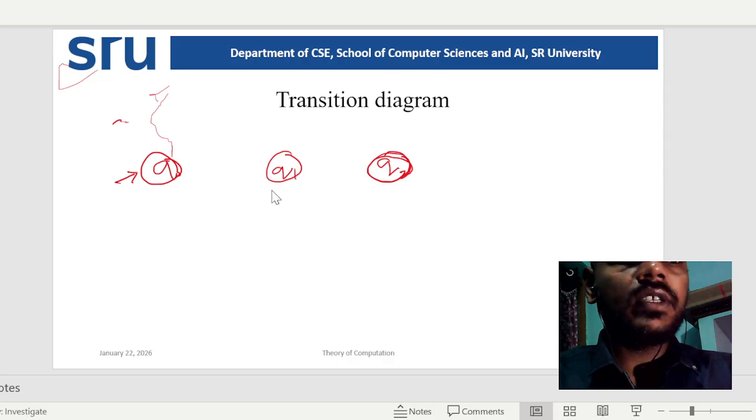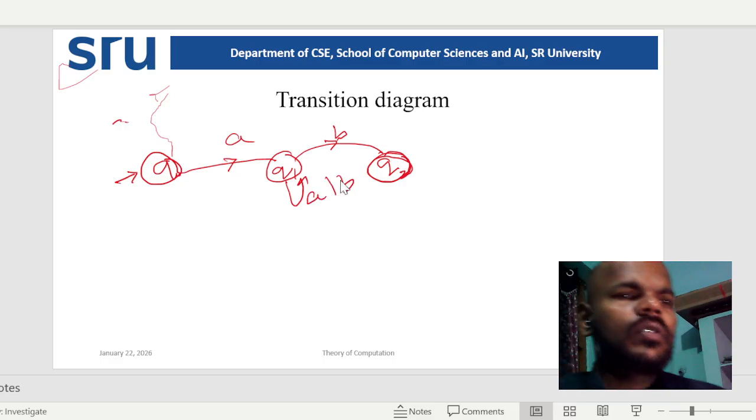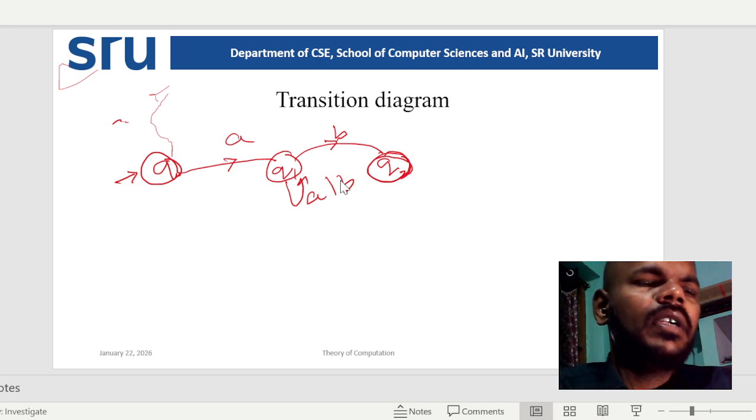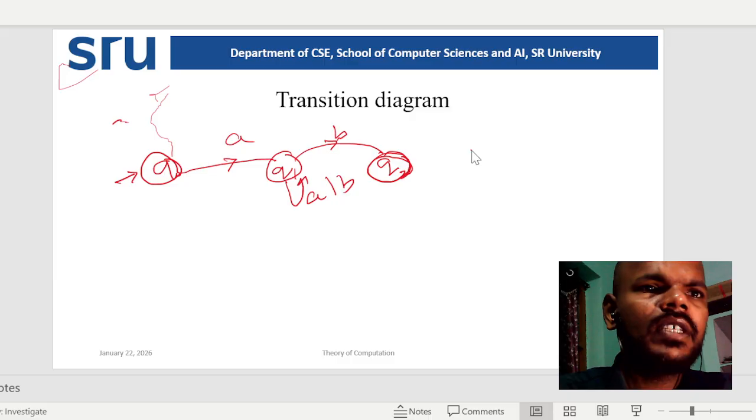From Q0 to Q1, I am taking the transition A. From Q1 to Q2, I am taking the transition B. On Q1, I am taking a self loop A comma B. Here I am taking a simple transition function, not a big complicated one. It is a transition diagram. The input symbol set is sigma equal to A comma B, right? This is one kind of example for discussing the transition diagram.